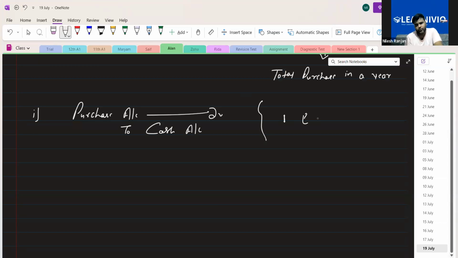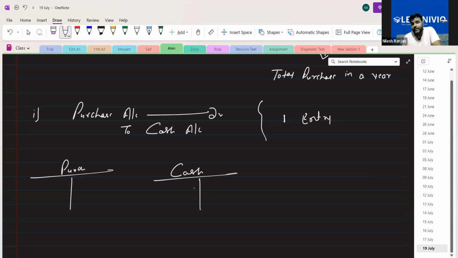So we can say that one transaction is recorded at one place. But when we record in ledger, it will go in purchase book and it will go in cash book. So we can say that one transaction is recorded at two places.